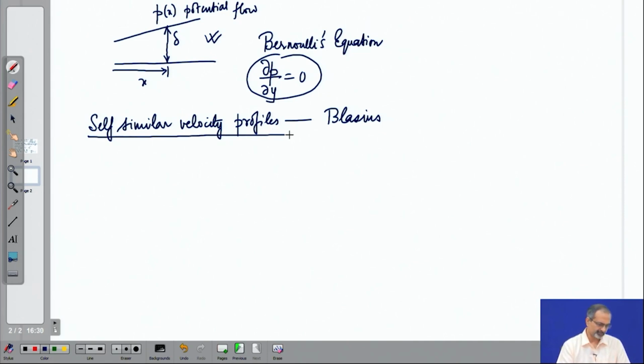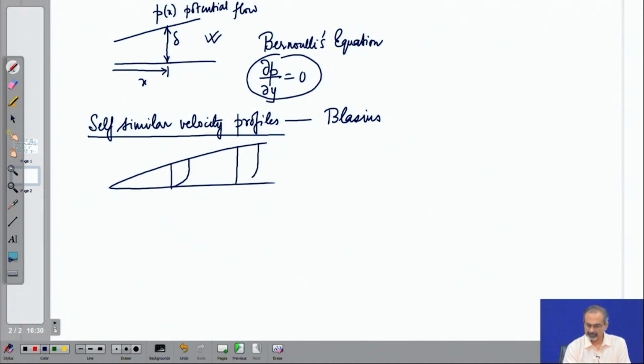What this means is that when we look at the velocity profiles at different locations in a boundary layer, we have to remember that at the edge of the boundary layer, at every location they are going to reach the same free stream velocity, but that change is occurring over different distances.